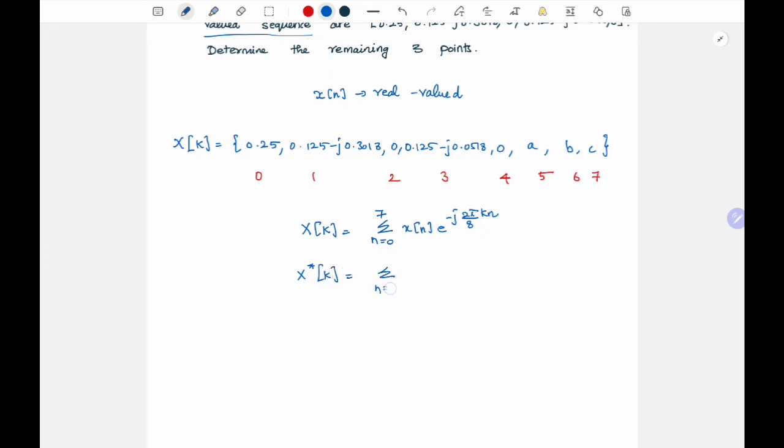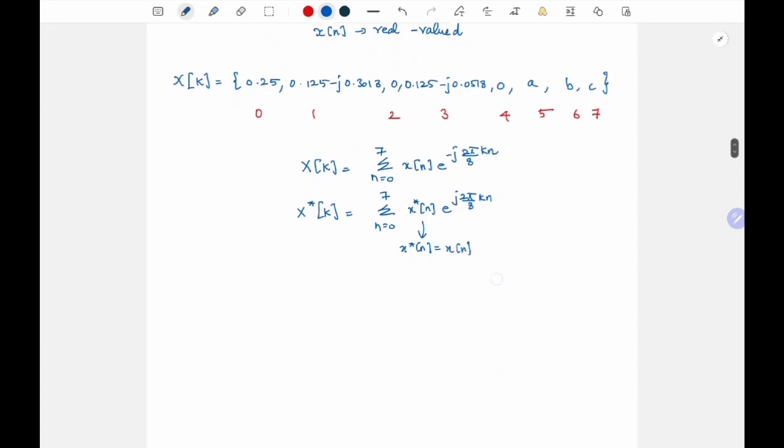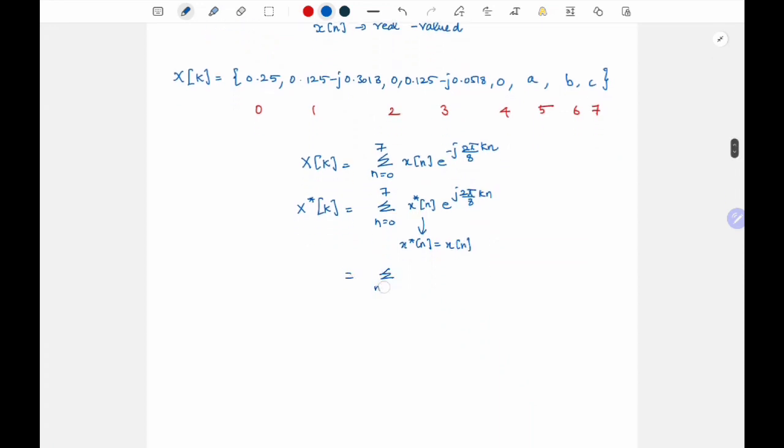Then I will have summation n equal to 0 to 7, x conjugate of n e power j 2 pi by 8 kn. But I know my x of n is real valued, so my x conjugate of n is equal to x of n. So if I substitute, I will have summation n equal to 0 to 7, x of n e power j 2 pi by 8 kn.